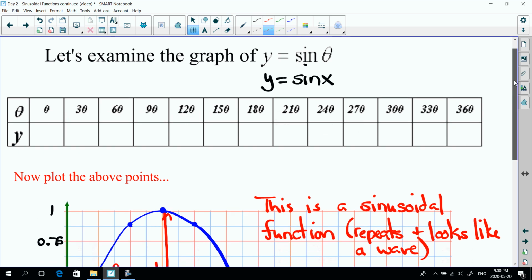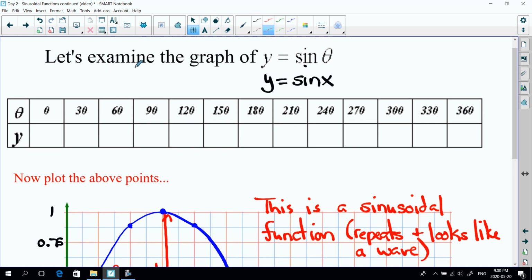All right, let's look at the function y equals sine x. And I'll just draw this from last unit. Last unit, we had to figure all of this out, the sine of 0, 30, 60, 90, and so on, without a calculator, but I'll draw the unit circle because we can figure out our quadrantal angles, our multiples of 90, pretty quick.